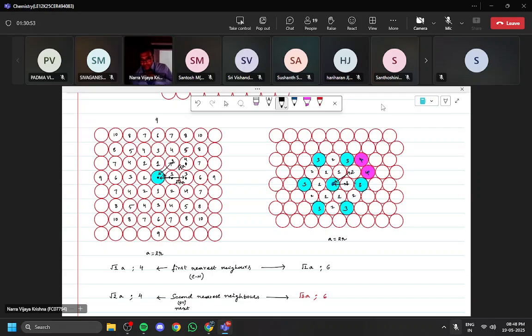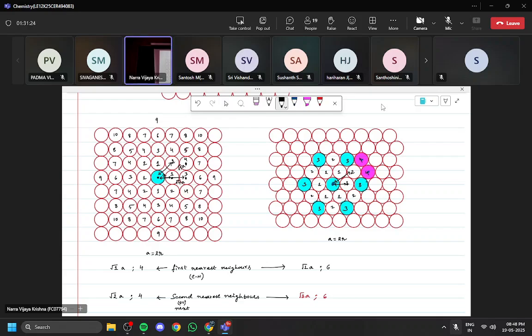This is also a, 2a. This is a by 2. Here a by 2. And this is a. This is a. This is a by 2. Totally 5a by 2. Correct? Then what about this one? Is it a or not?